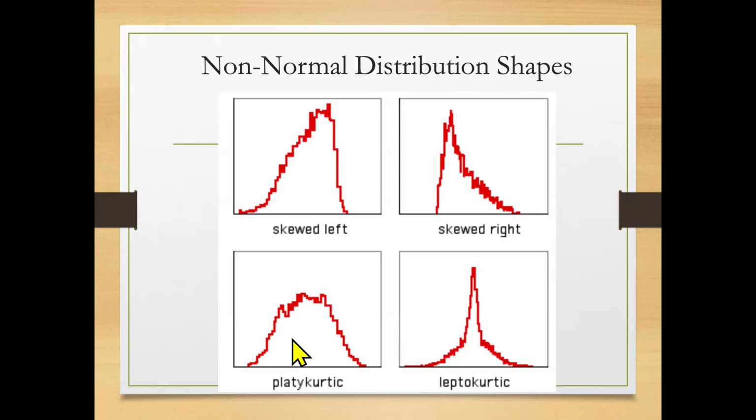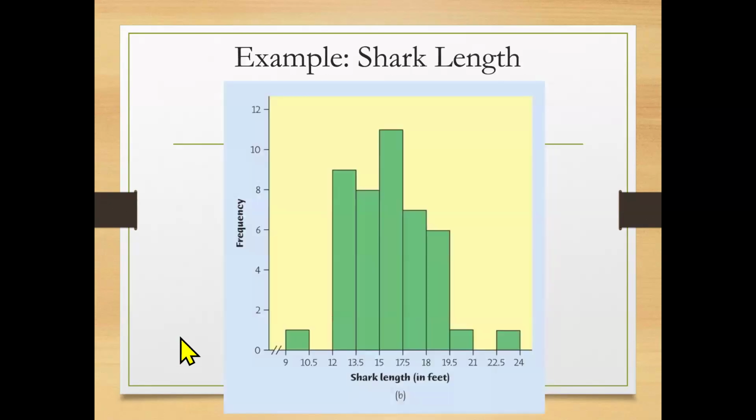If it's platykurtic, instead of having that nice normal shape, it'll seem kind of flattened and dumpy looking. And leptokurtic is going to be skinnier in the shoulders than we expect. It's going to look too peaked or too steep in the middle. You will get pretty good at recognizing these shapes, but it's going to feel weird to begin with.